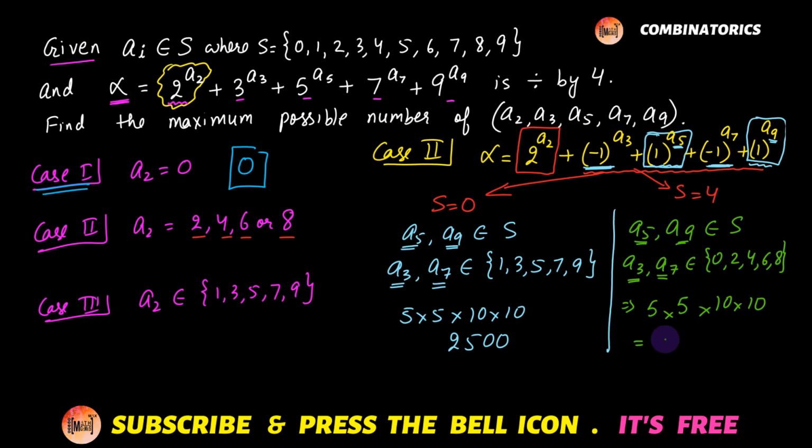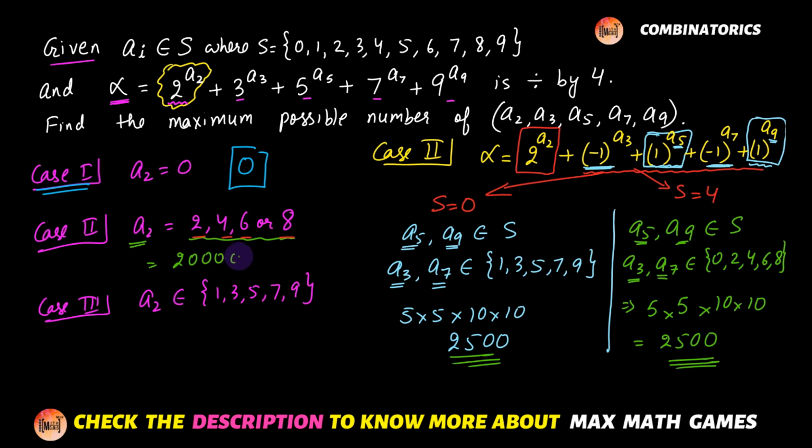So this will again be equal to 2500. Adding these two cases, this will be 5000, and for A2 there are 4 possible ways. So 4 into 5000 will amount to 20,000. So we have 20,000 cases in case number 2.